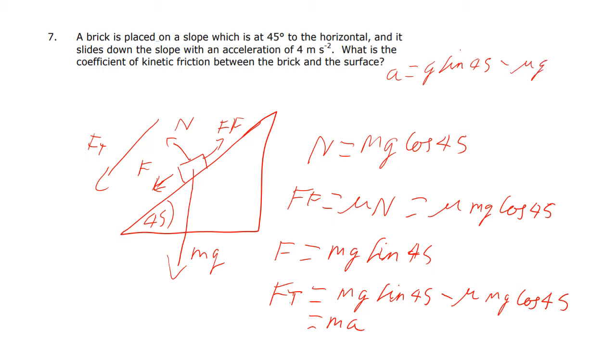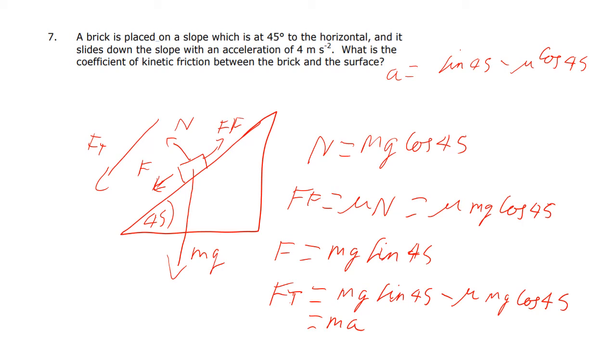Actually, yeah, we can cancel the g as well, can't we? Yeah, we can cancel the g's. So a equals g sine 45 minus mu cos 45. Okay.